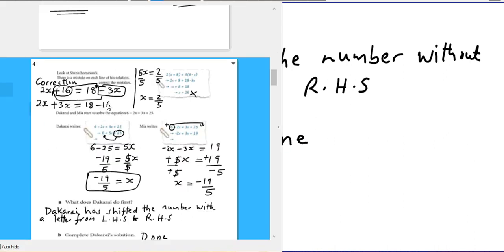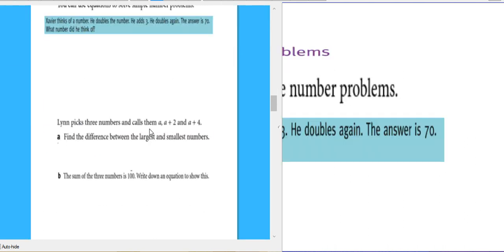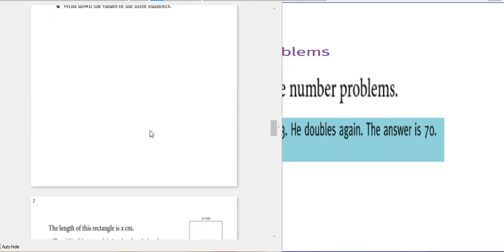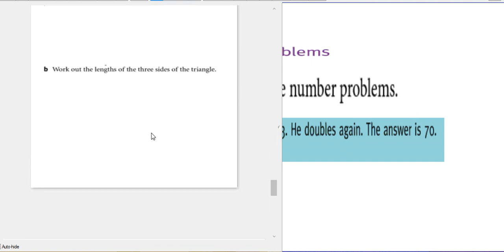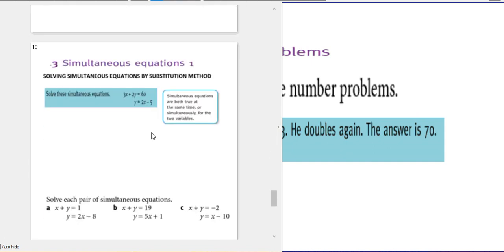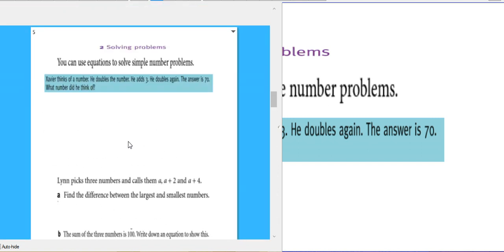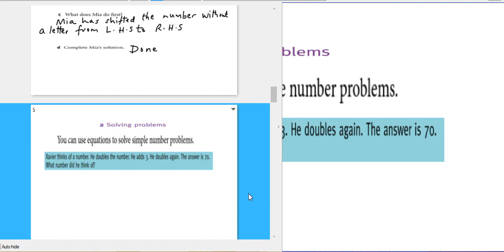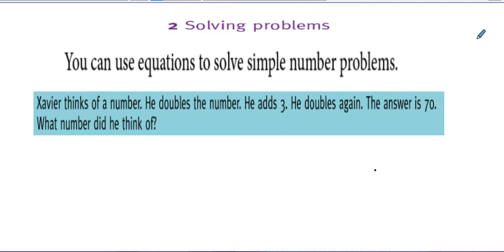Okay, let us go to the next question. Next question is taking us to this page, which is solving problems.